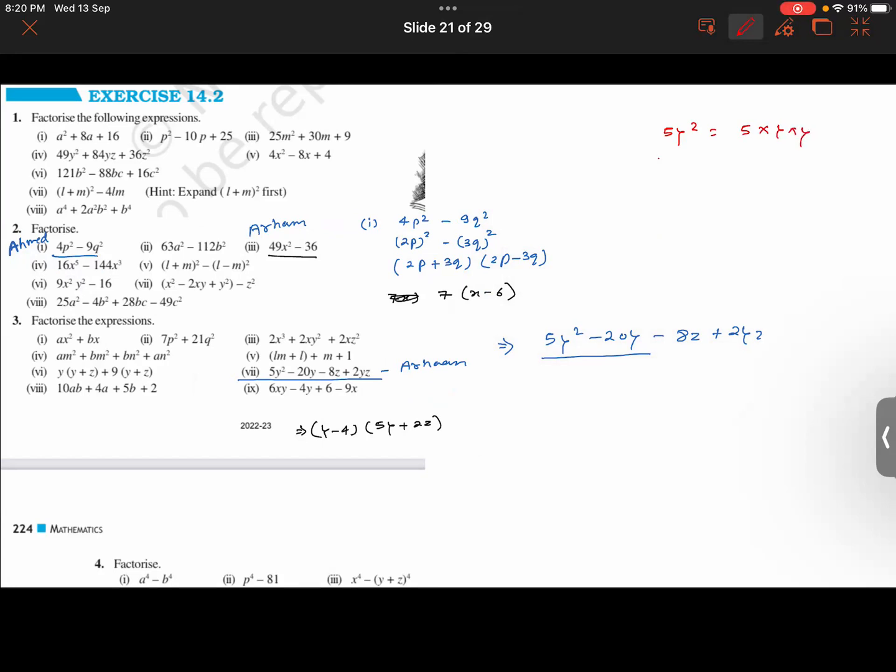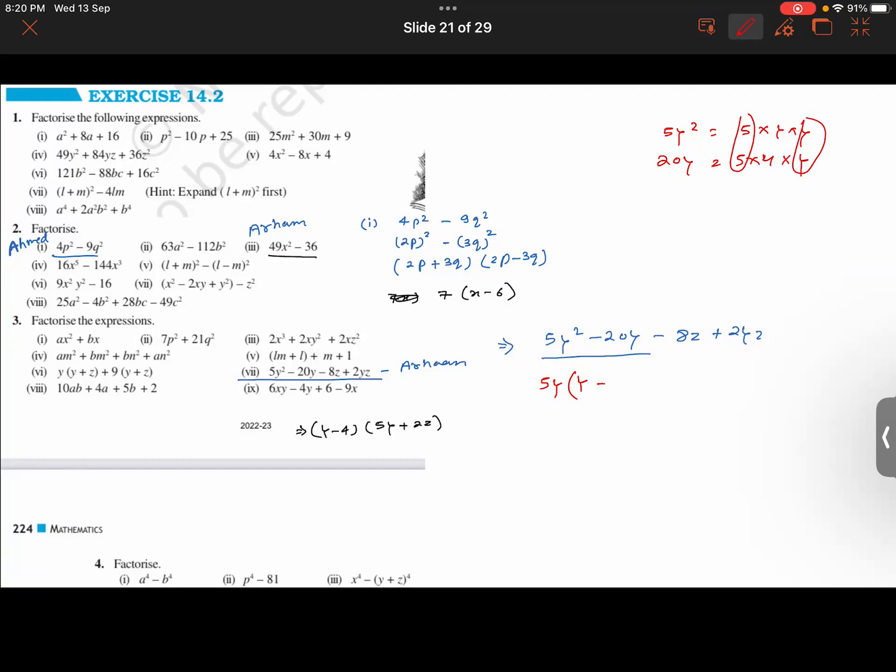And in 20y also, 5 is common, y is common. So you will take 5y as common. If you take 5y out of 5y square, you are left only with y, because 5y multiplied by y gives 5y square.